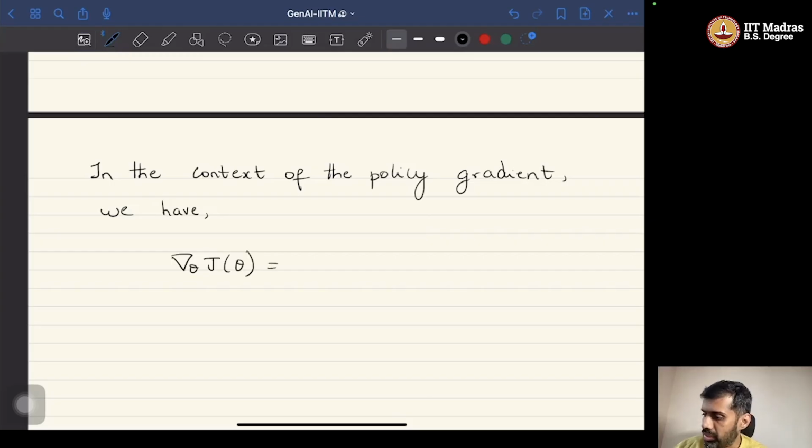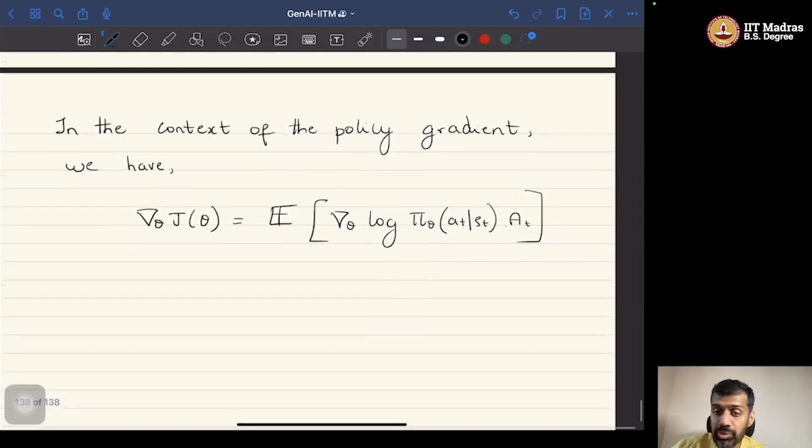What was that equal to? That was the expectation of the gradient of log of the policy pi theta of a_t given s_t times the advantage function A_t. And what's important to note is that this expectation was with respect to pi theta, which is the policy that is getting estimated.